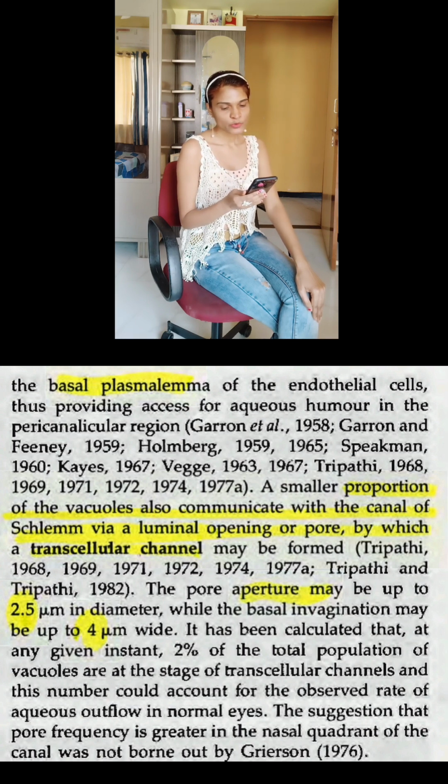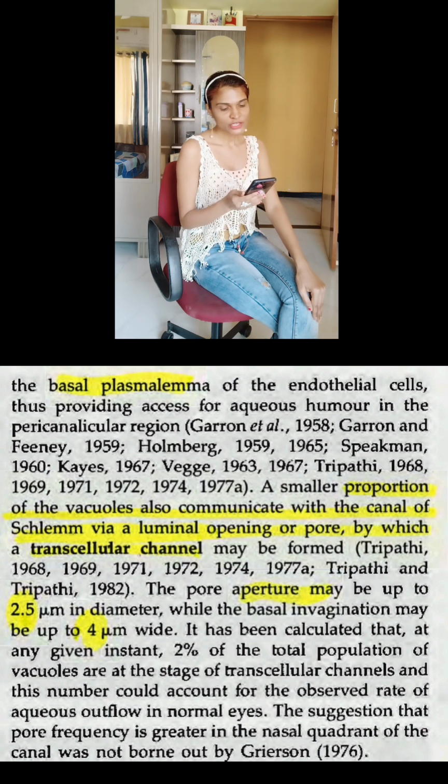A smaller proportion of the vacuoles also communicate with the canal of Schlemm via a luminal opening or pore by which a transcellular channel may be formed. The pore aperture may be up to 2.5 micrometers in diameter, while the basal invagination may be up to 4 micrometers wide.